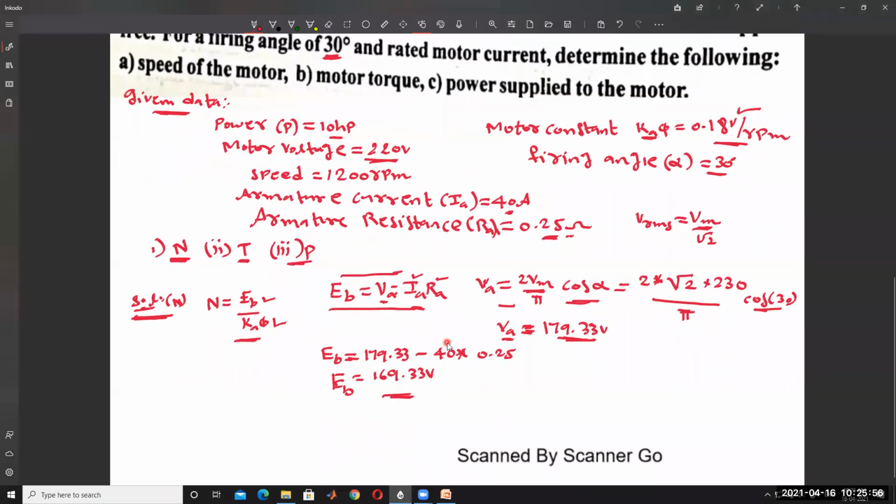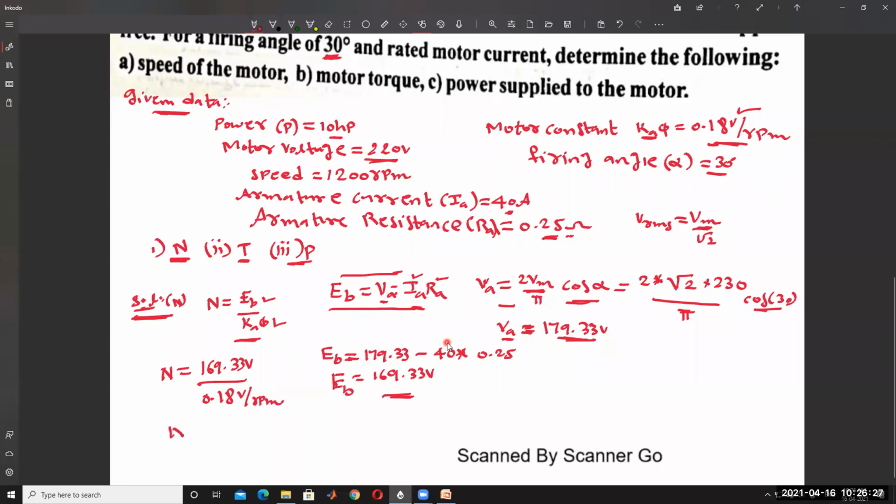Okay, so substitute here: n is equal to EB by K into pi, so EB 169.33 volts per K into pi. So how much is K into pi? 0.18 volts per RPM.